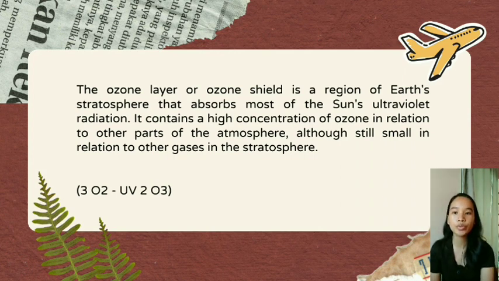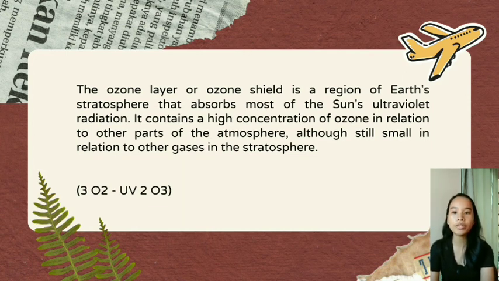Stratospheric ozone is produced when some of the oxygen molecules there interact with the UV radiation emitted by the sun. This global sunscreen of ozone in the stratosphere stops about 95% of the sun's harmful UV radiation from reaching the Earth's surface.